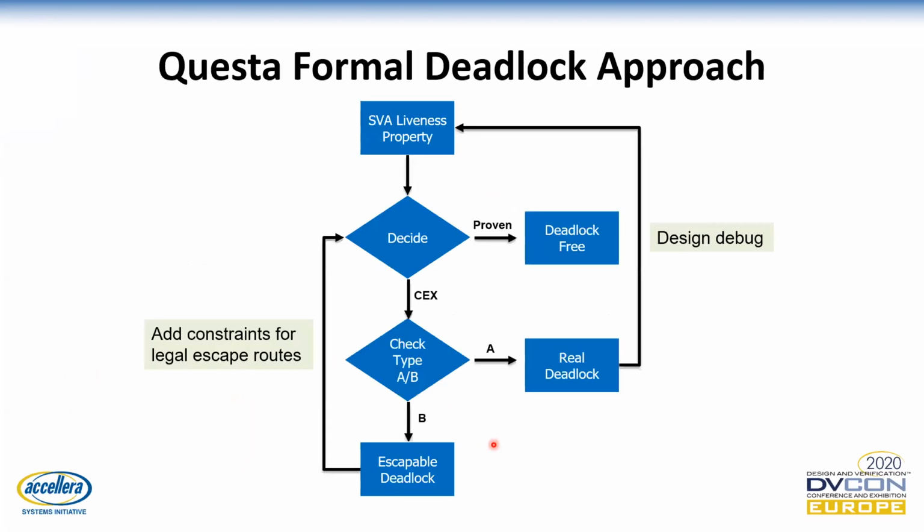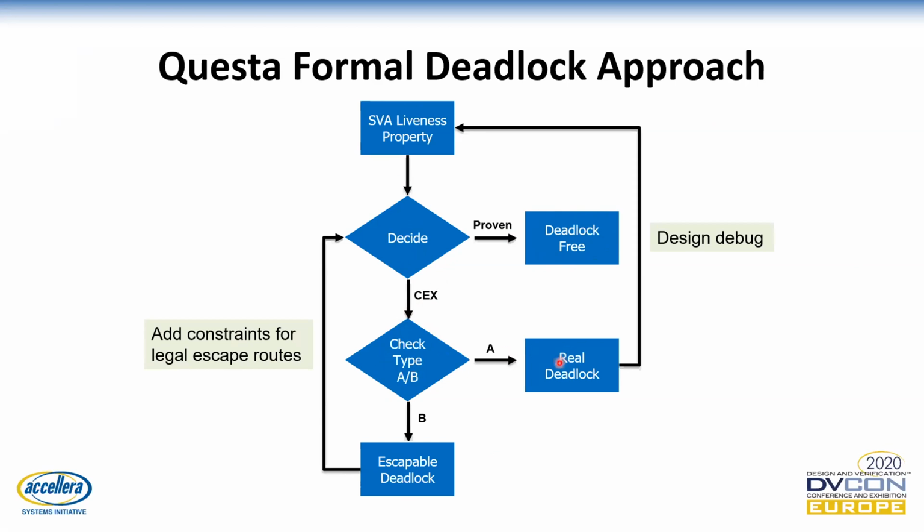So, a little bit in more detail. The flow starts with checking a liveness property with LTL. If it is proven, then we have no deadlock. That's fine. If it is not proven, then it means we have maybe an escapable deadlock, and we will use the CTL engine.